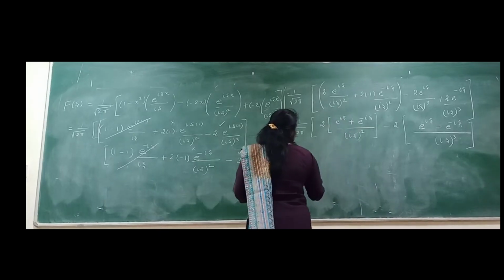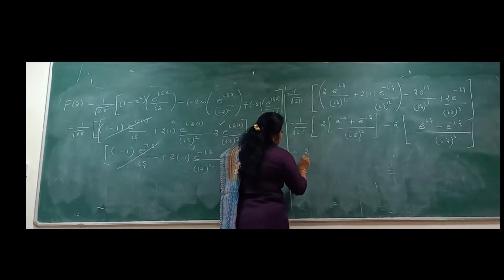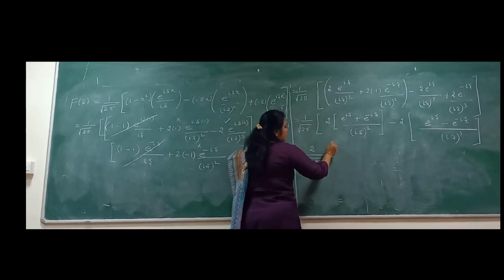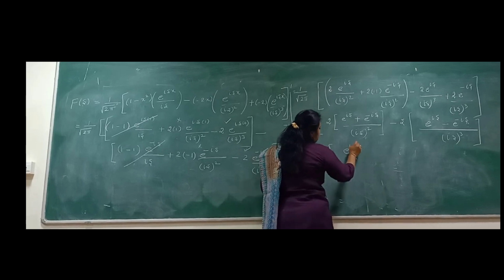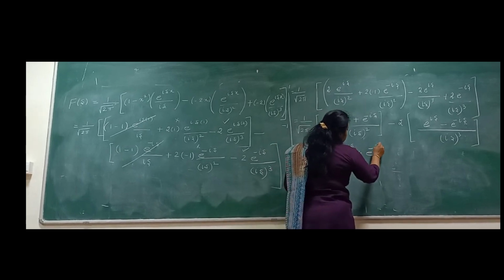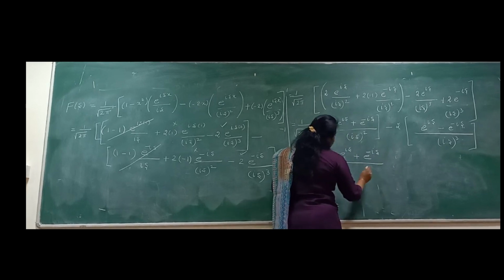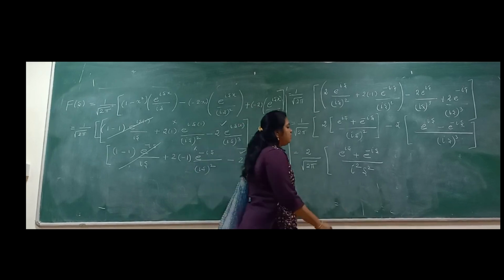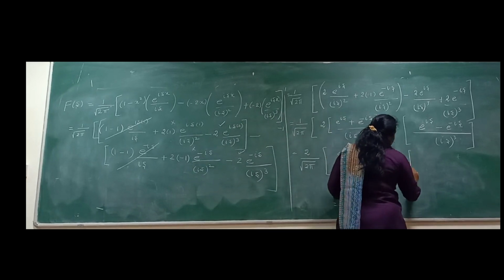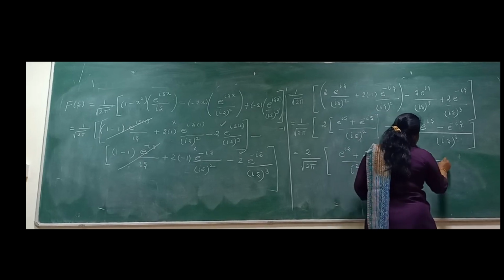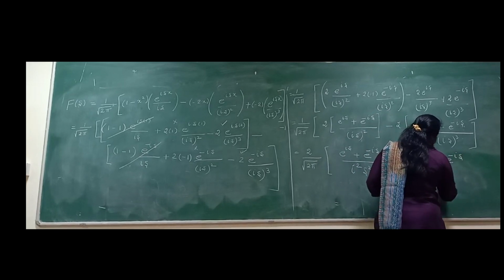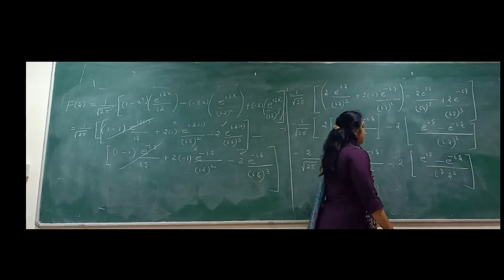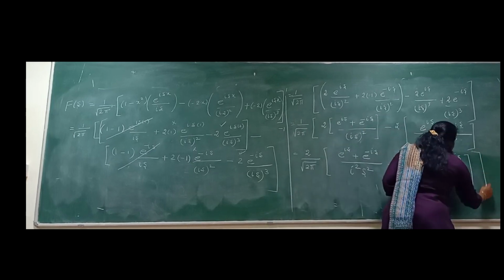Now 2 is a common denominator. We can take it out. Okay, root of 2 pi. Now what are the terms left out here? e to the power is plus e to the power minus is divided by i square s square, because just squaring the term, minus 2 into e to the power is minus e to the power minus is divided by i cube s cube, multiplied by the whole bracket.